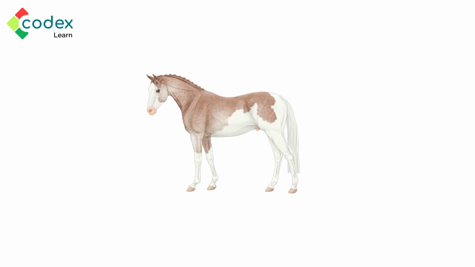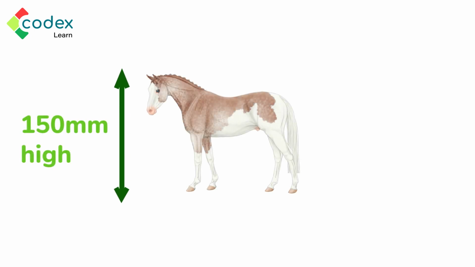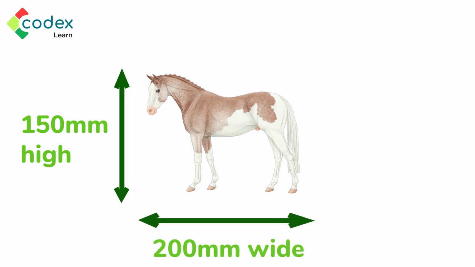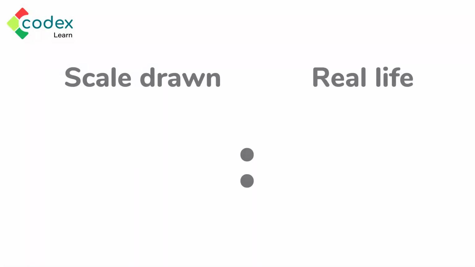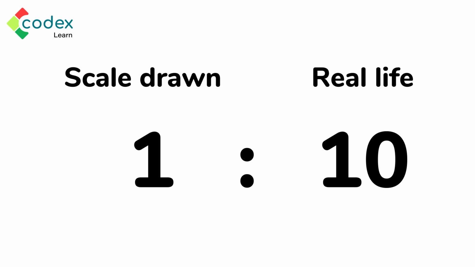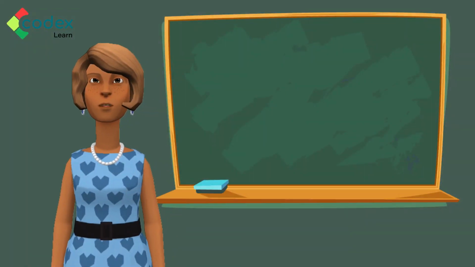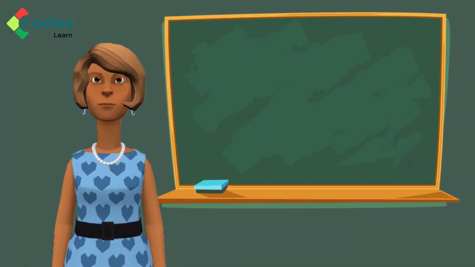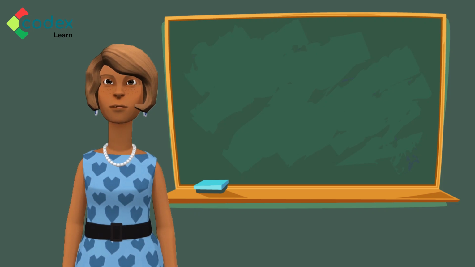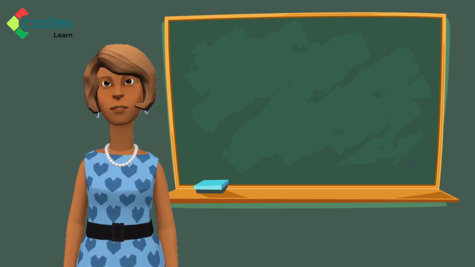So, the drawn horse measures 150 millimeter high and 200 millimeter wide. In other words, the drawing has a scale of 1:10. So anything drawn with a size of 1 would have a size of 10 in the real world. So a measurement of 150 millimeter on the drawing would be 1500 millimeter on the real horse.